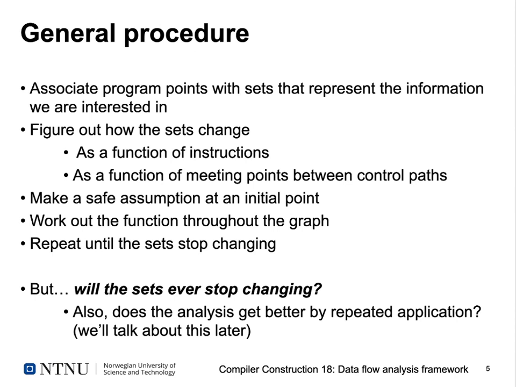We need to make a safe assumption at an initial point, and then we need to work out the function throughout the complete control flow graph. And that's important: we cannot stop as soon as we obtain one set of information we are interested in, but we have to repeat this until the sets stop changing, so until we hit a fixed point.